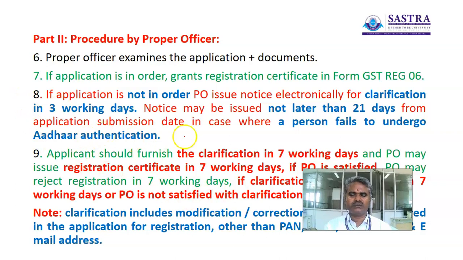In part 2, what is the role of the proper officer? This is very, very important. So now the role of the proper officer will start. After the assessee completes the process: in part 1, they submit their relevant data, and after validation they give one temporary registration number.